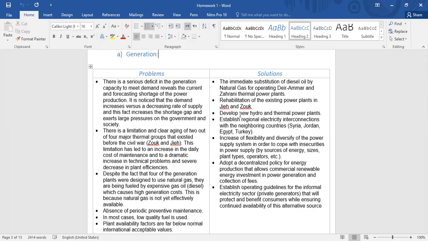For example, by source of energy, the size of plants, type, and operators.